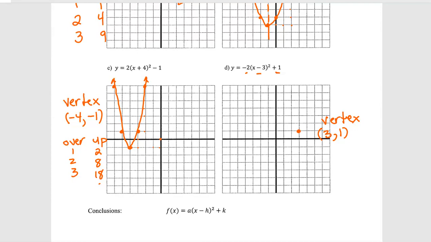Similar to part C, the pattern is over 1 up 2, over 2 up 8, over 3 up 18. Now I do that whole thing going down instead of up because of the negative. It opens down. Then over 2, down 8. And there's my parabola shape.